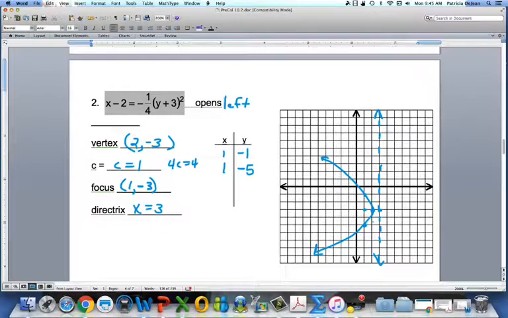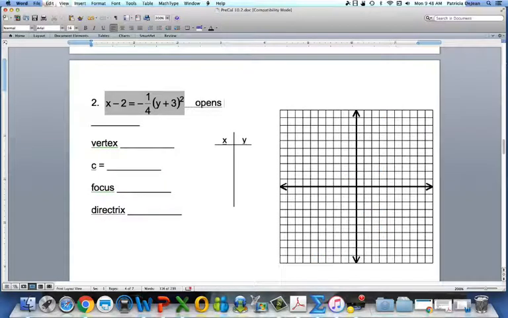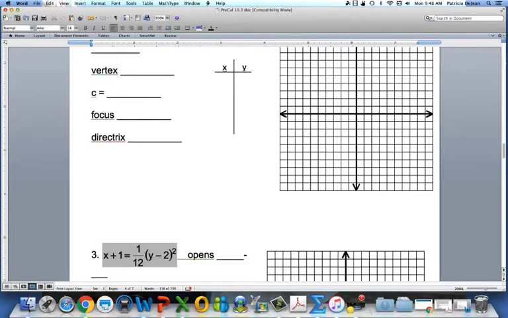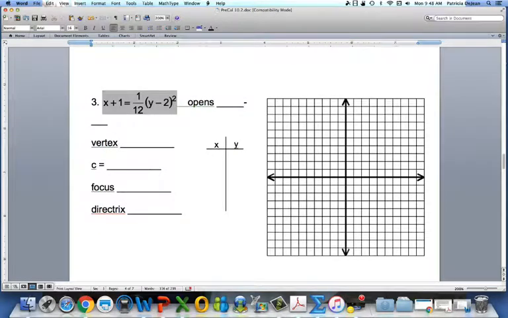All right. One more example of this. Okay. This one opens right because it's a positive 1/12. Our vertex is at negative 1, 2. So we're going to put a point at negative 1, 2.